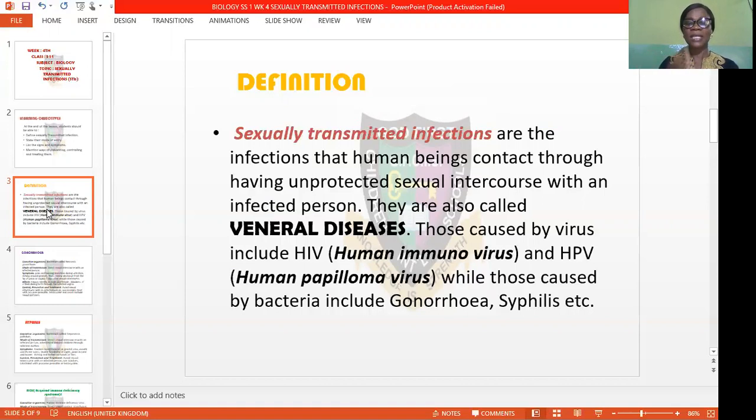One of them is HIV, which we all know as human immunodeficiency virus, and HPV, which we call human papilloma virus, while those caused by bacteria include gonorrhea, syphilis, and the rest of them. Let's take them one after the other.